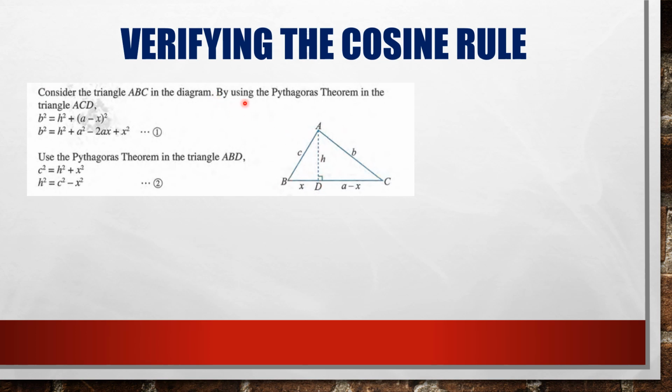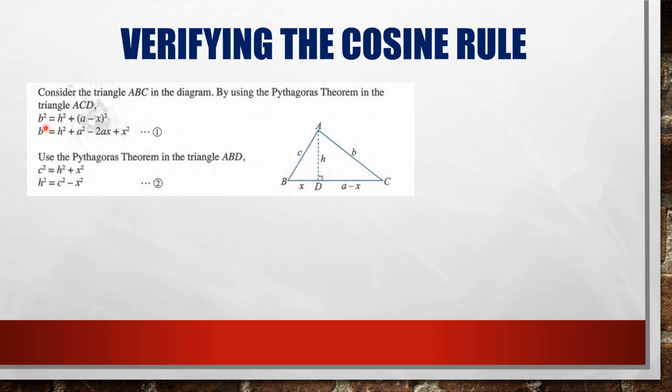Now, using Pythagoras theorem in the right angle triangle ACD, the longest side is b square equals h square plus, now we label BD as x. If BD is x, the whole BC was a just now, so CD here will become a minus x.